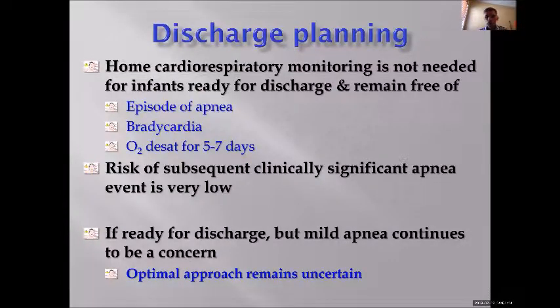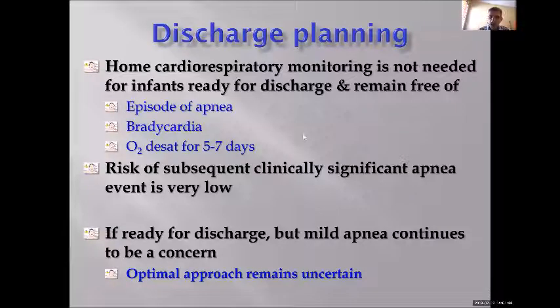How to send home? The baby should be free of apnea and off caffeine for 1 week. Use of a monitor at home is not advisable. Sometimes there is mild apnea and the baby is ready to go home.